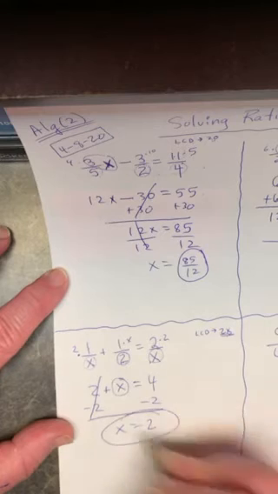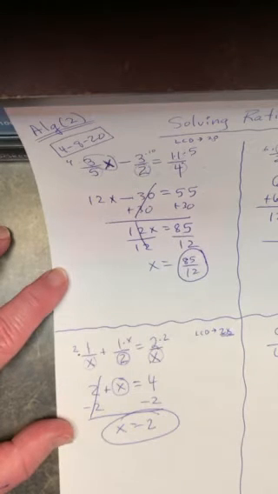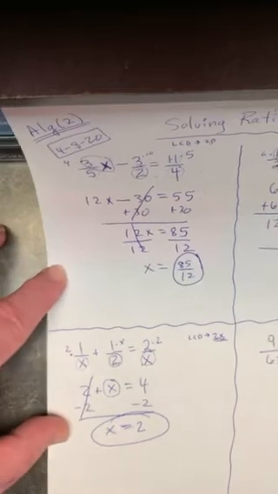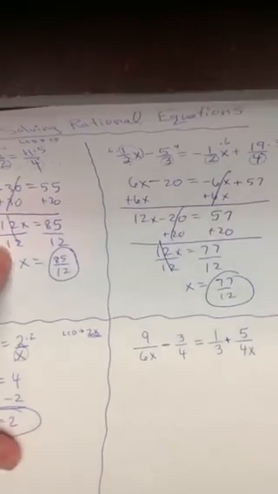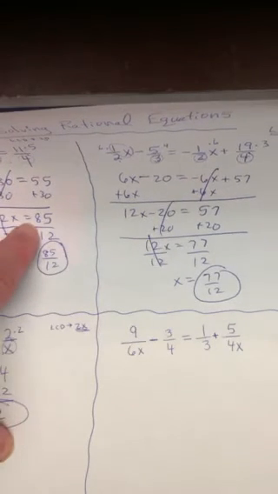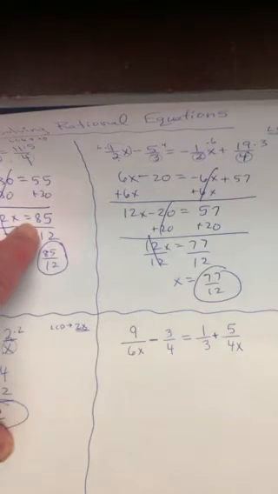And x equals 2. And I did it. Okay, not bad. Finally, let's try the last problem. 9 over 6x minus 3/4 equals 1/3 plus 5 over 4x.